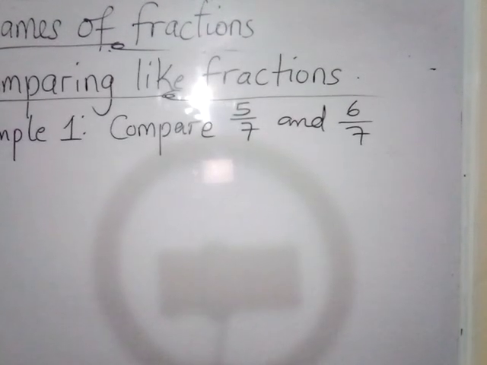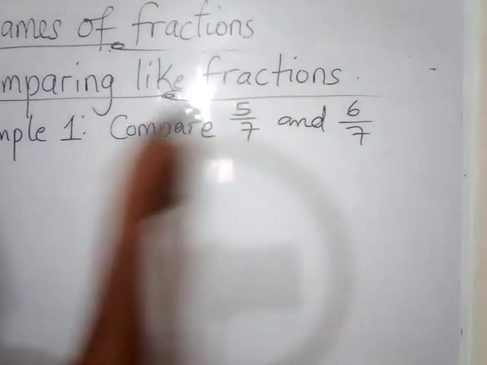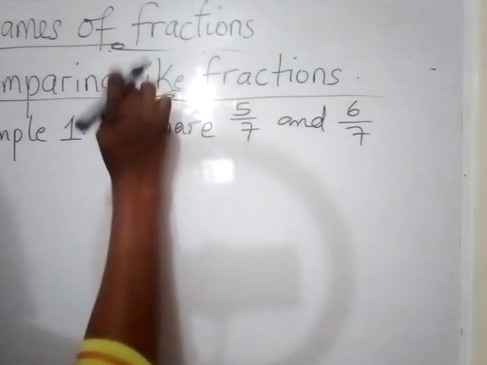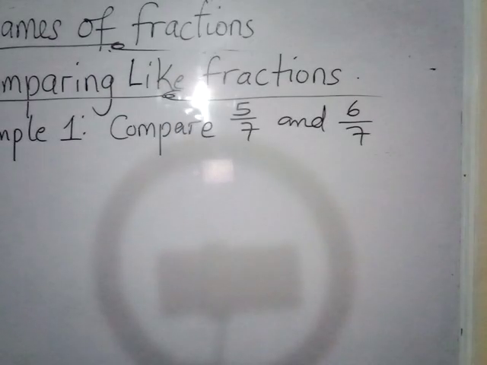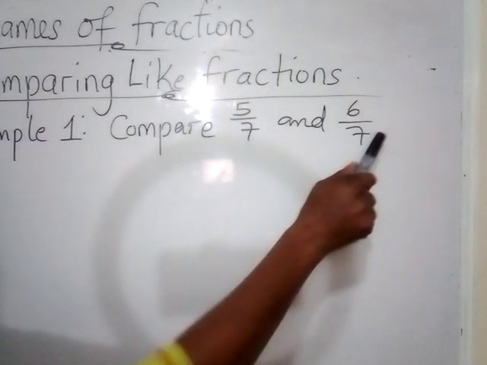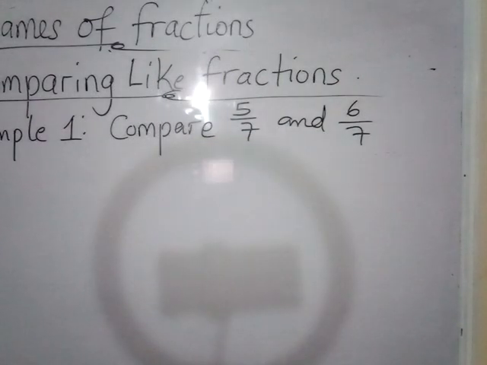So the next part we're going to look at is comparing like fractions. Remember earlier when we looked at types of fractions, we mentioned like fractions, and we said that like fractions are those fractions whose denominators are the same.